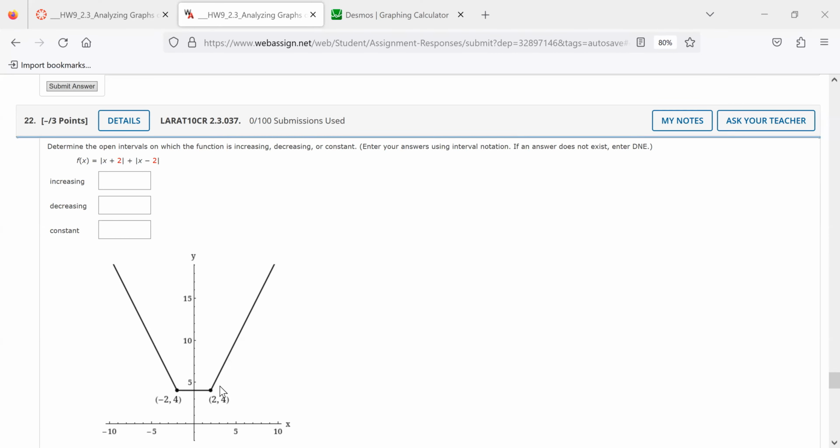And then increasing would be over here. So what's the interval for increasing?